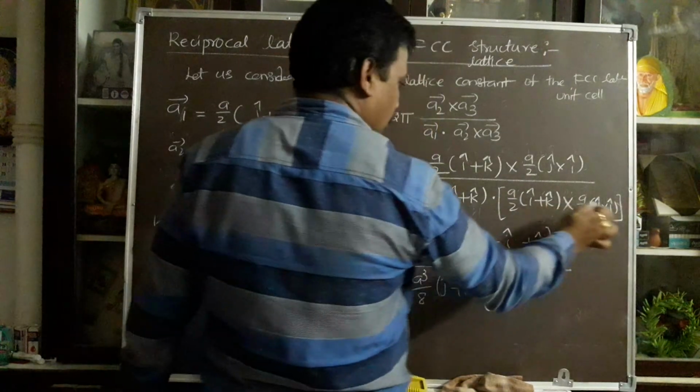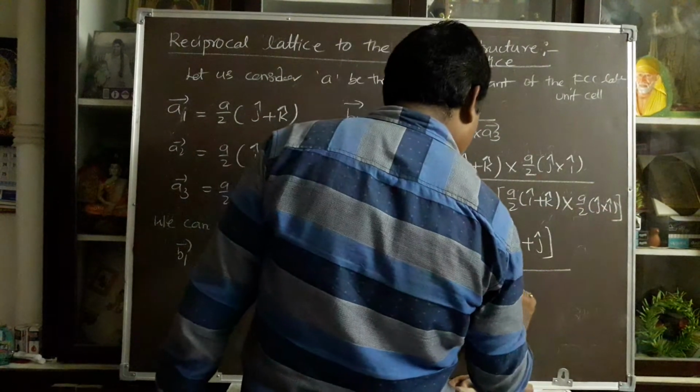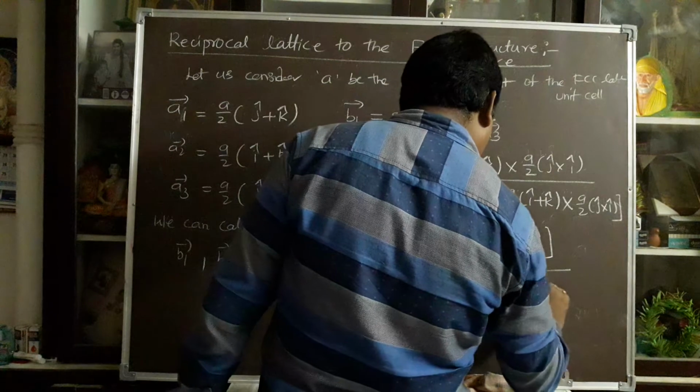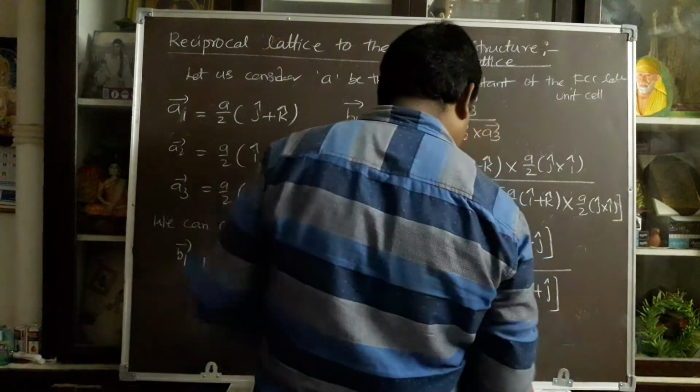This dot product gives you k bar minus i bar plus j bar.